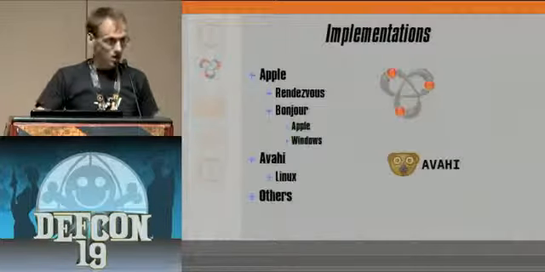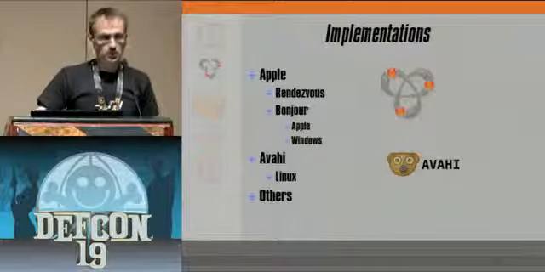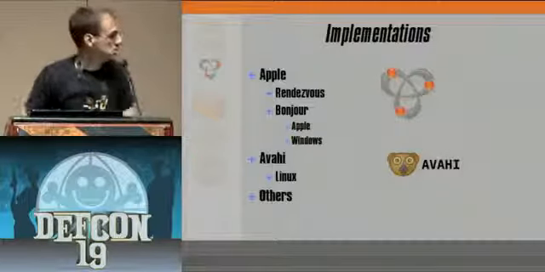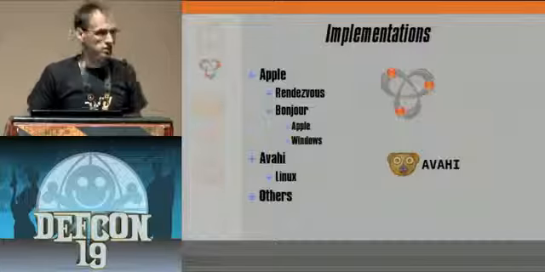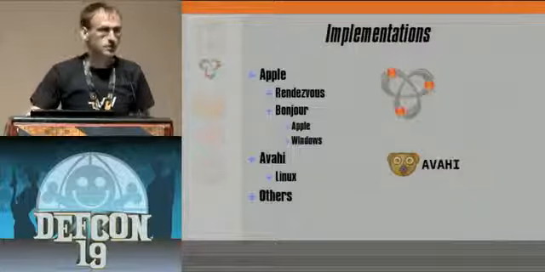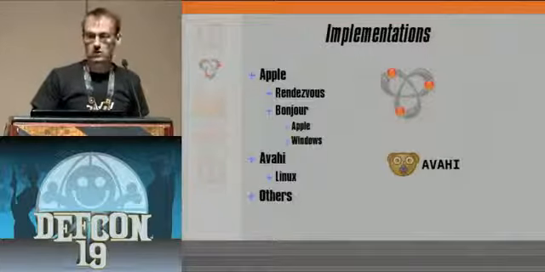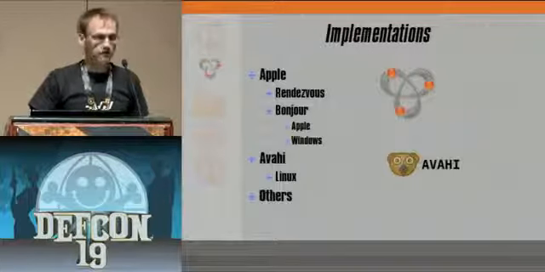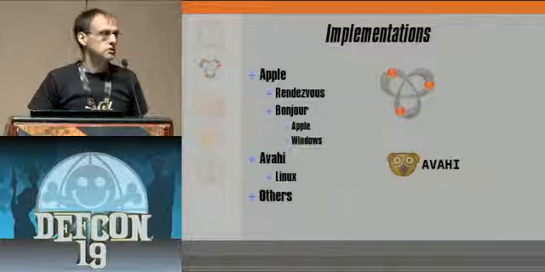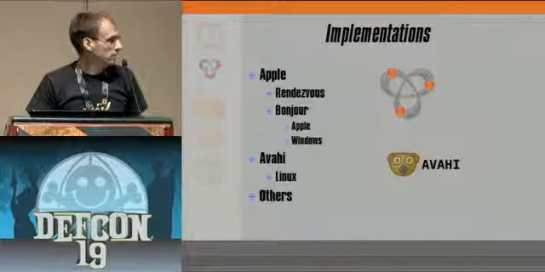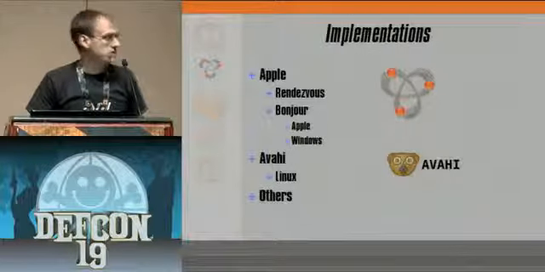All right. I want to take a look quickly at some implementations of multicast DNS, and this is important when we look at some things later on. First off, it was all started by Apple, of course. The people who wrote the RFC are from Apple, but it was picked up by Avahi, and you find this service available as developed by Avahi in a great number of Linux distributions now.